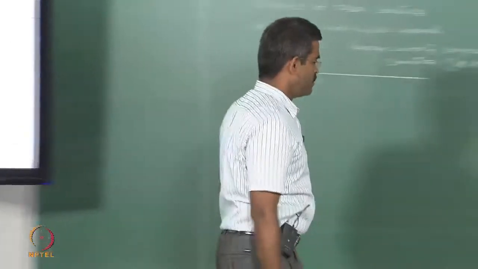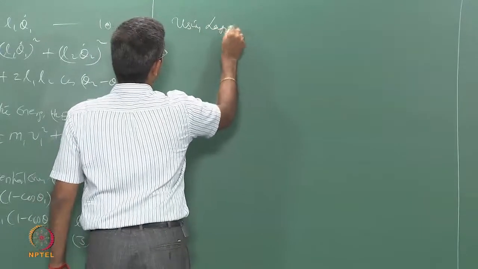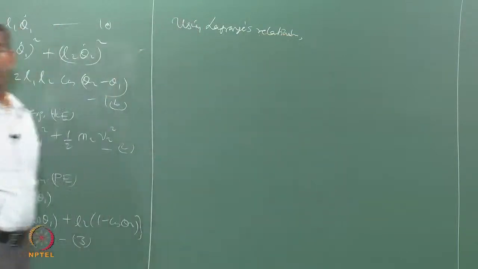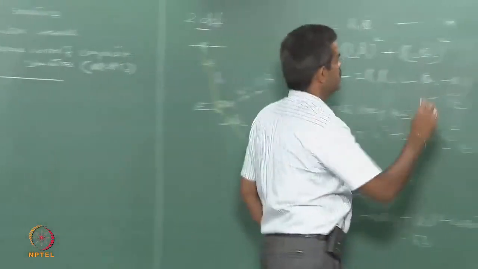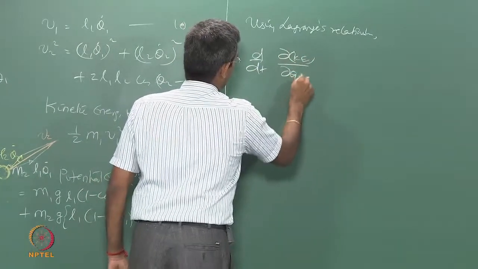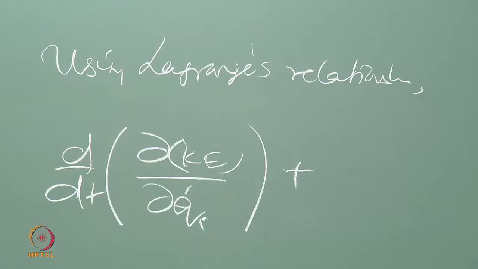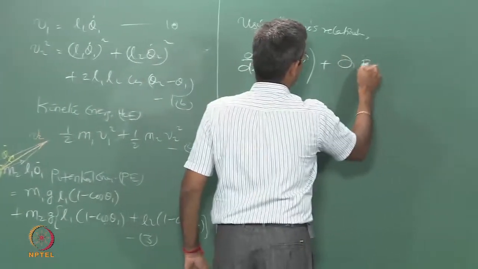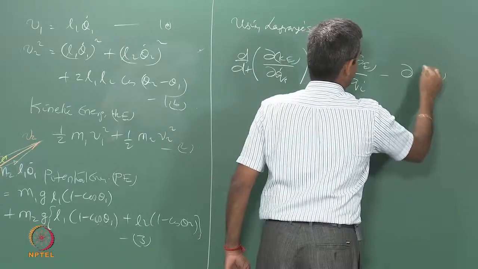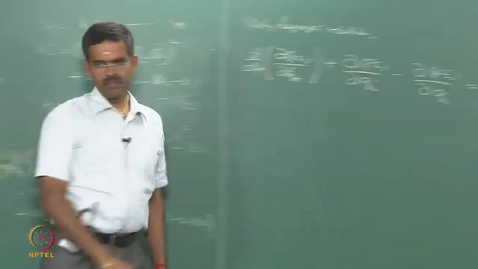Okay. Now, we know using Lagrange's relationship, I can write the equation of motion by the energy method. It says that d by dt of the partial derivative of kinetic energy with respect to qi dot, plus the partial derivative of potential energy with respect to qi, minus the partial derivative of kinetic energy with respect to qi, should be set to 0.